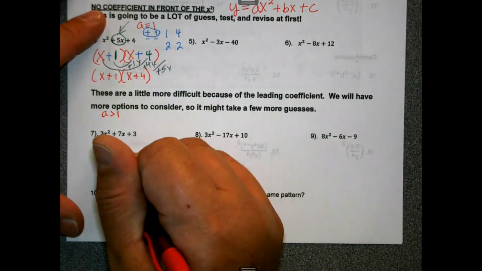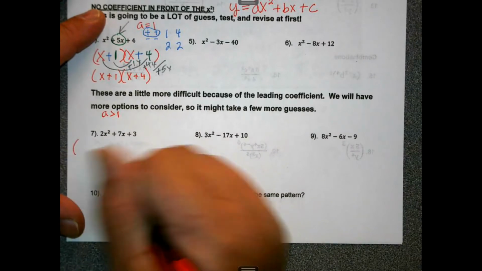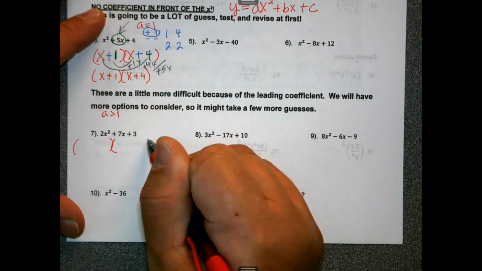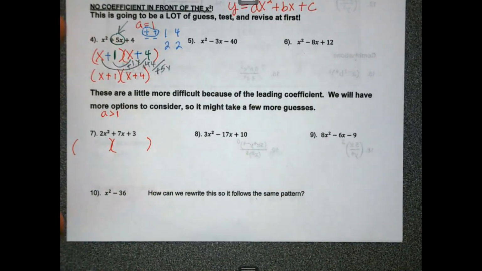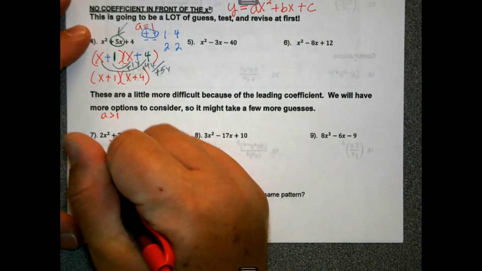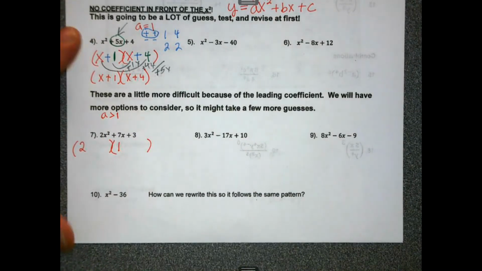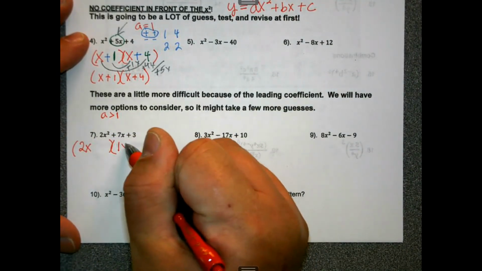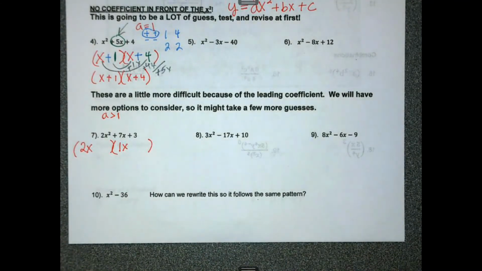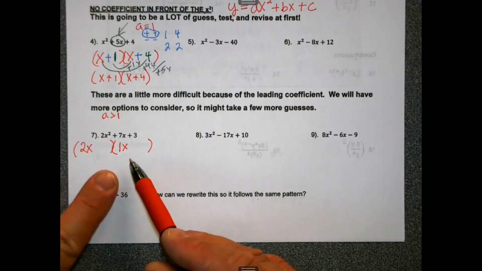If my A is a prime number, it still is not too bad a problem to factor, because there's only one way to get 2, and that's 2 times 1, right? And the only way to get x squared is x times x. So I can still easily get my first term factored out. 2x times 1x is 2x squared.